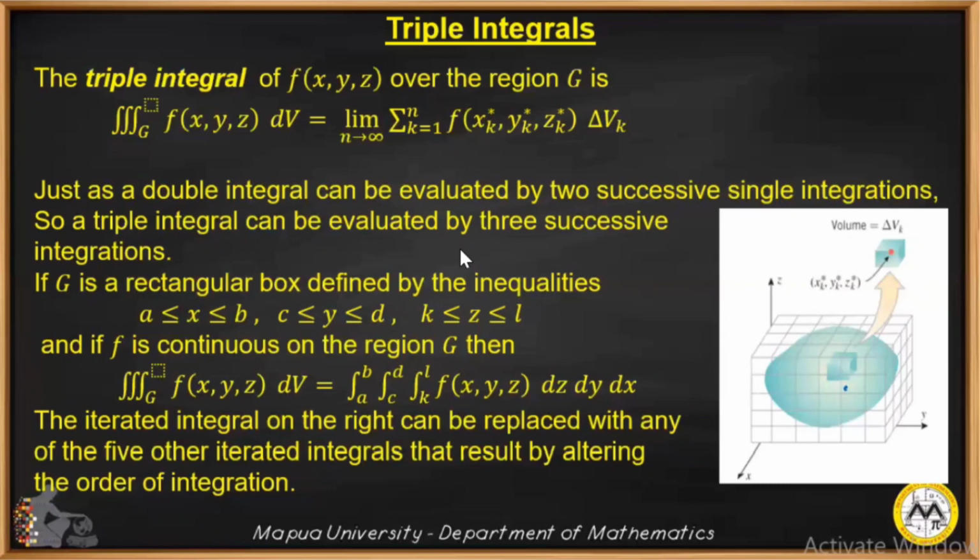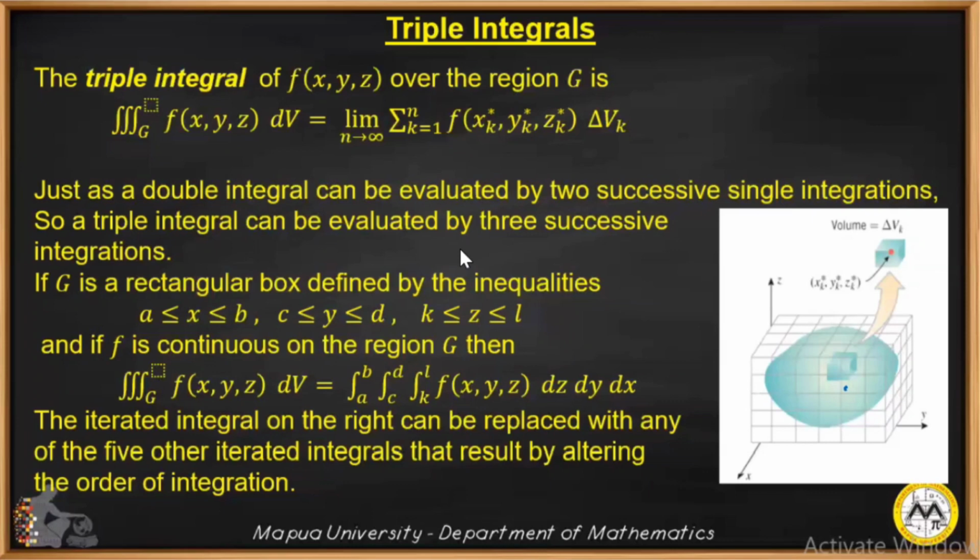The triple integral of a function f in x, y, and z over the region G is the integral of f of x, y, z times the differential of v over the region G. If we imagine the solid, please look at the green solid, imagine that there are infinitely many rectangular boxes here.